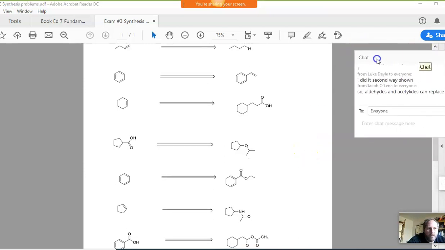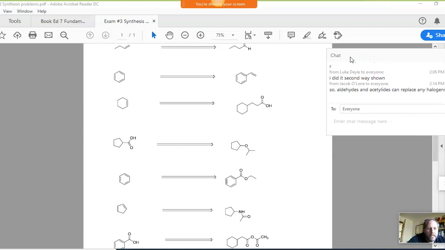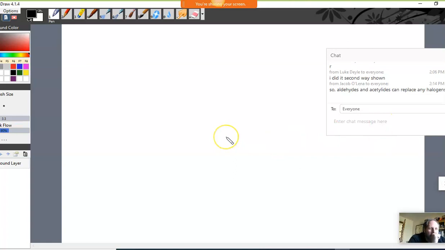So let's see. So aldehyde and acetylides can replace any halogens. Jacob, why don't you come off the microphone and explain that to me exactly? Aldehyde. Yeah, so adding that triple bonded carbon, and then you can also add aldehydes, just kind of replace them for any like chlorine or bromine.